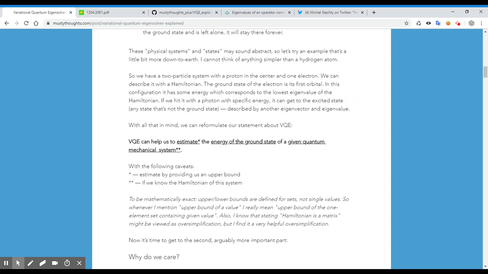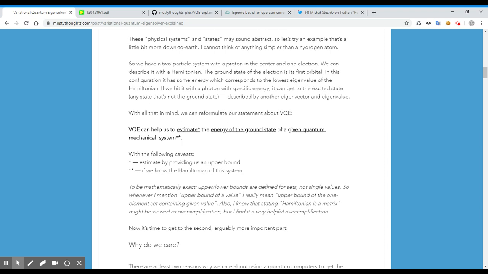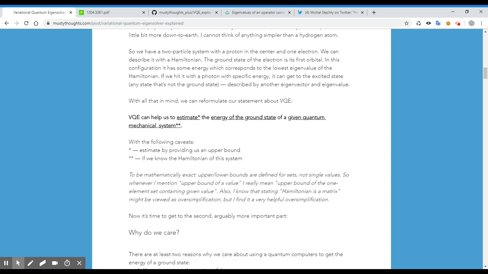With all that in mind, we can reformulate our statement about the VQE. VQE helps us to estimate the energy of the ground state of a given quantum mechanical system. Estimate, providing an upper bound, if we know the Hamiltonian of this system. Okay, that's chemistry related, but really physics.